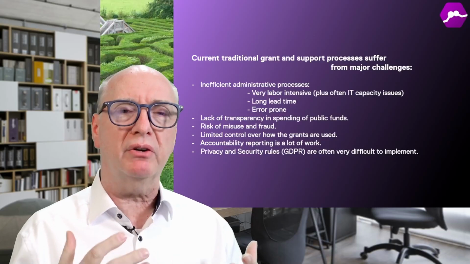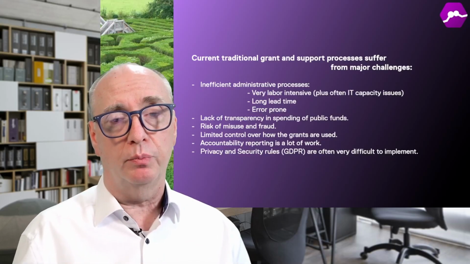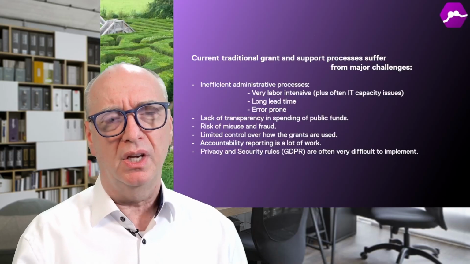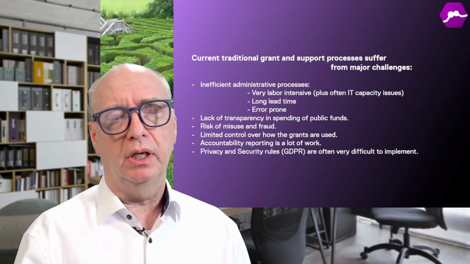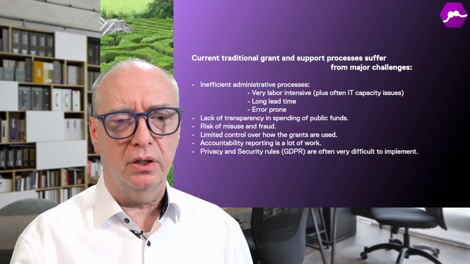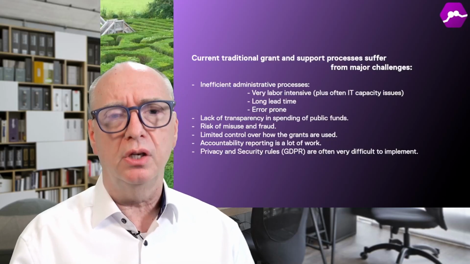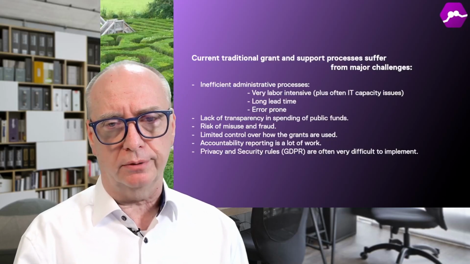It is very labor intensive. There have been delays, long lead times, and it is error prone. Very often the IT department also needs to put in a lot of energy to get this rolling.